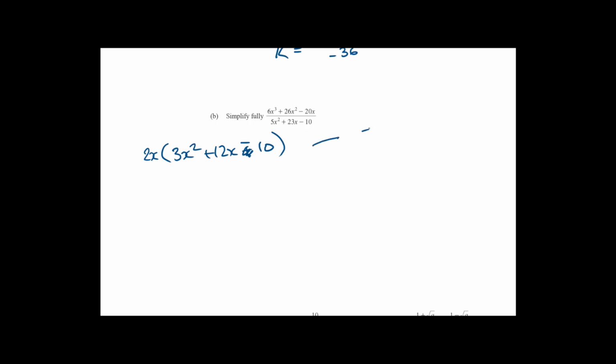Okay, so let's factorize this one. 3 times negative 10 is negative 30. So we want two factors to multiply to give us negative 30 and add to give us positive 13. 15 and negative 2, isn't it?